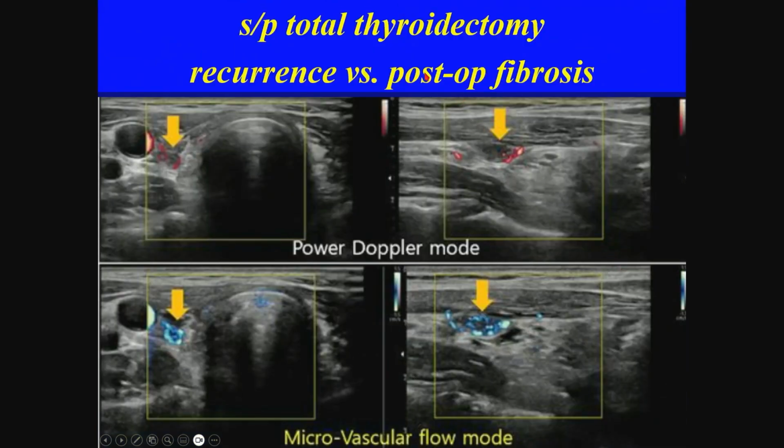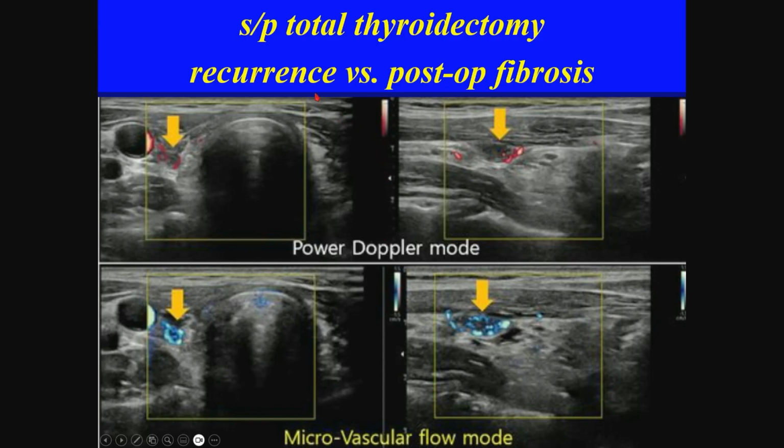Another patient received total thyroidectomy, and during post-op surveillance ultrasound, we found a hypoechoic lesion at the right surgical bed. I was confused. There was no vascularity on power Doppler imaging.